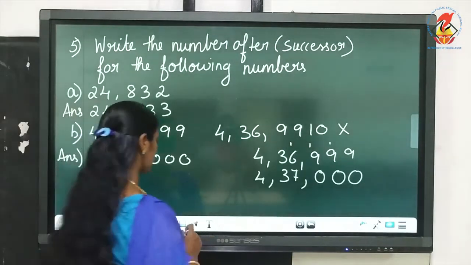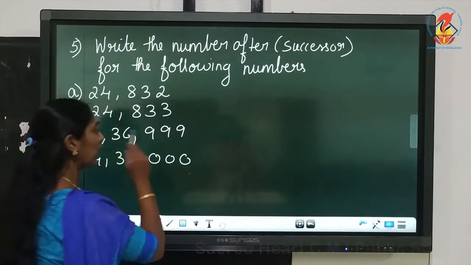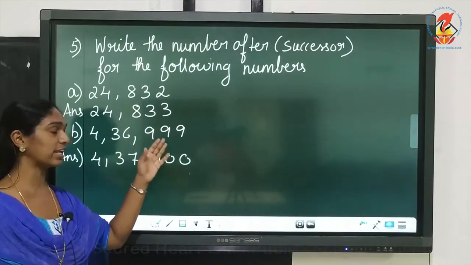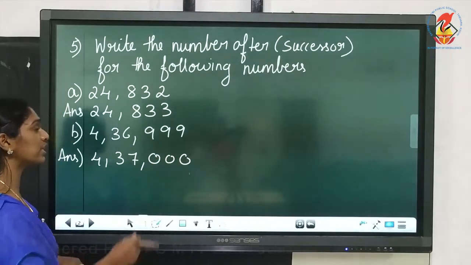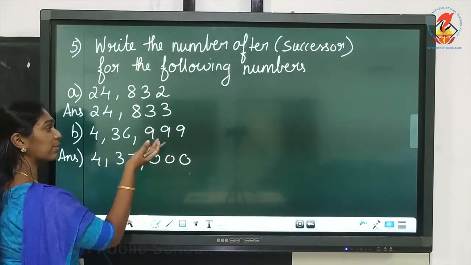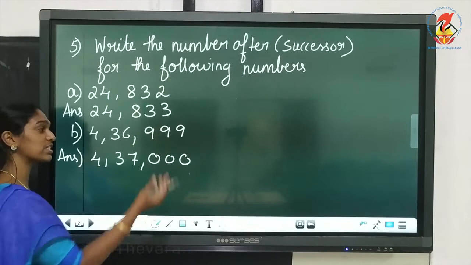I can give you this in an easier method also. When you have a question with 9 at the last, what you can do is, you convert all the 9s to 0 and the number that comes before 9, that you can make it 1 more because we are doing the successor.